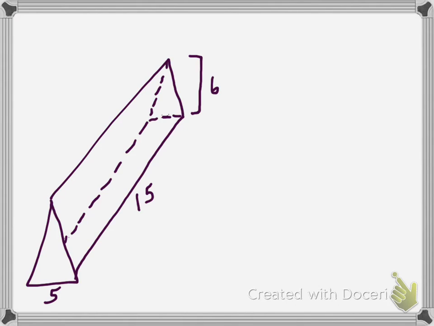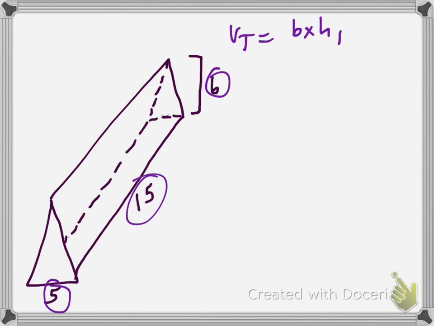Okay, here's another triangular prism. In this one, our triangle has a base of 5. Our triangle has a height of 6, and our prism has a height of 15. So let's start to plug those into the formula. So the volume of a triangular prism is equal to that base times the height of the triangle times the height of the prism over 2.